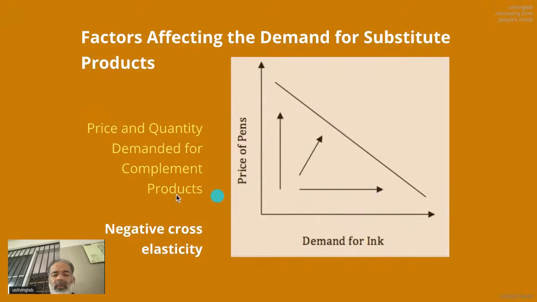Then price and quantity. What is negative cross elasticity? Price and quantity demanded for complement products. Two goods that are substitutes show a positive cross elasticity.